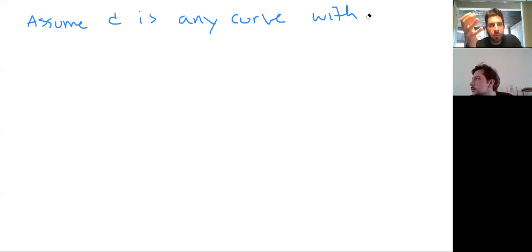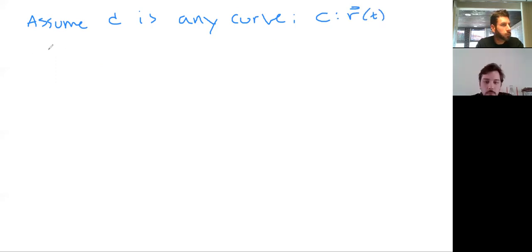We talked about that briefly in Calc 2. We've talked about it a few times now. But more importantly, anytime I say C is a curve, I want you to think automatically that C has some parametrization. And let me be very specific.